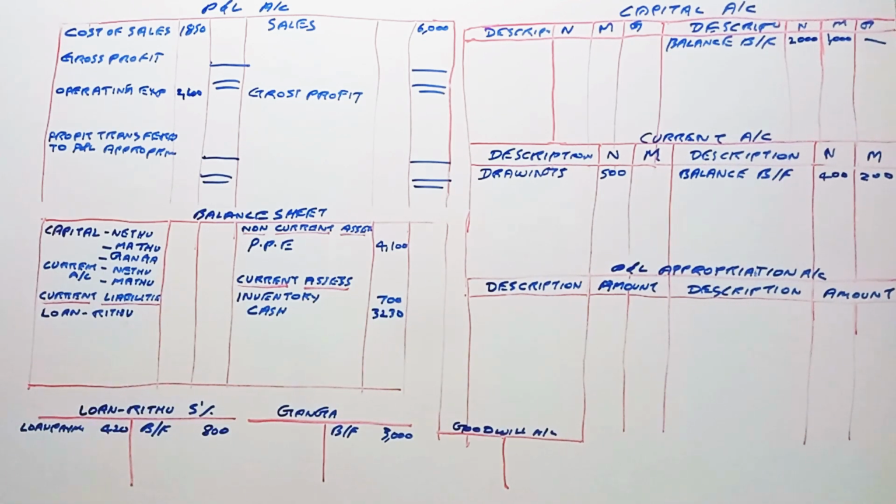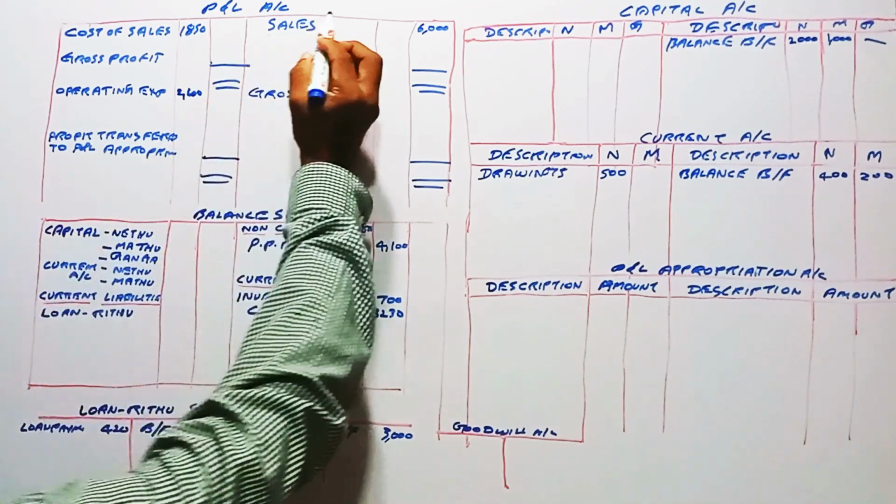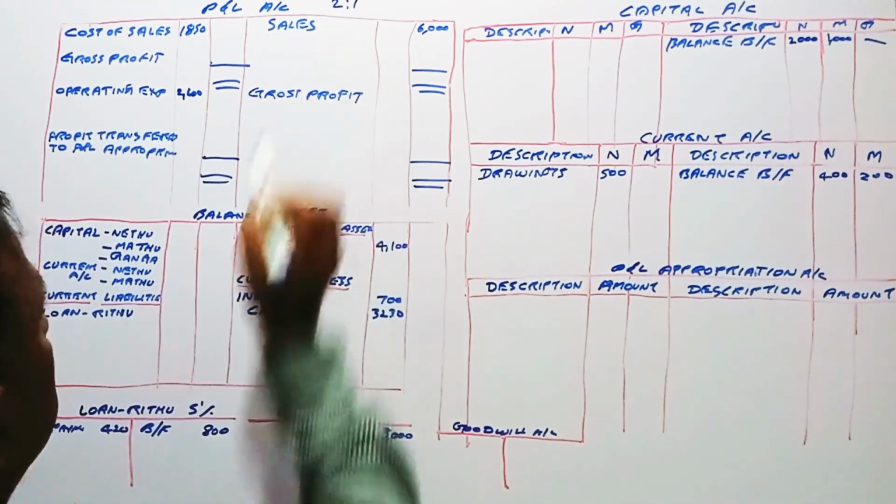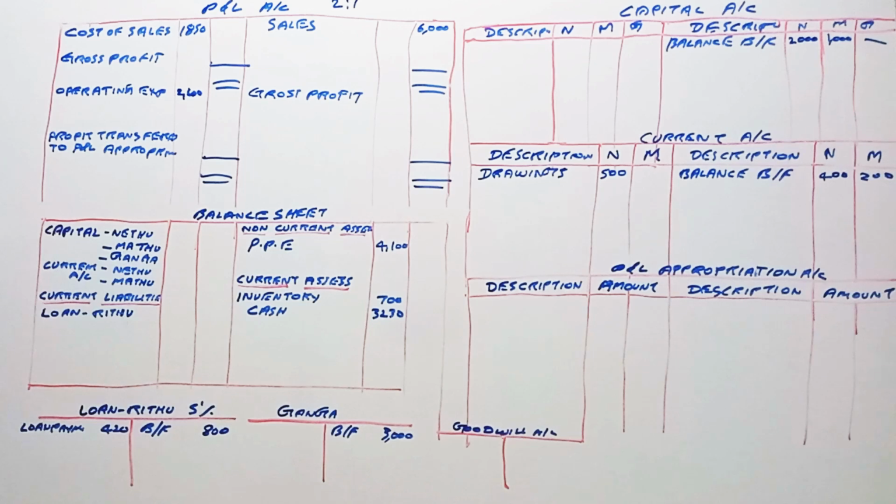Before that, they say Nitu and Madhu are carrying out the partnership under the following conditions. Nitu and Madhu share profits in the ratio 2 to 1, which is the profit sharing ratio. Each partner is entitled to a monthly salary of 50,000.